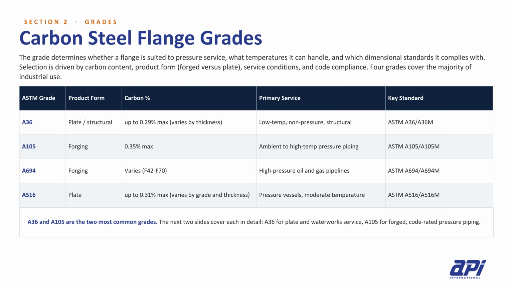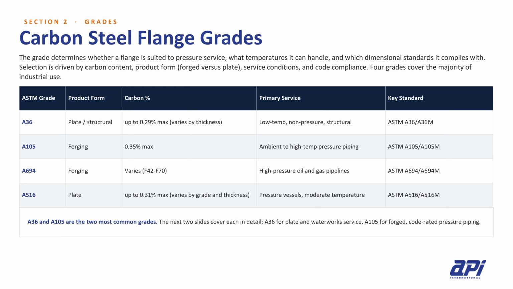ASTM A105 is a carbon steel forging specification with a maximum carbon content of 0.35%. Used for forged flanges in ambient and elevated temperature and pressure piping systems. ASTM A694 is a forging grade that covers strength levels ranging from F42 through F70, commonly used in high-pressure oil and gas pipelines.